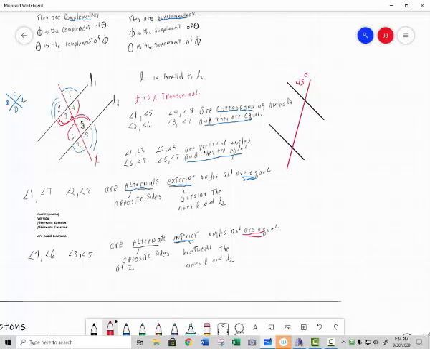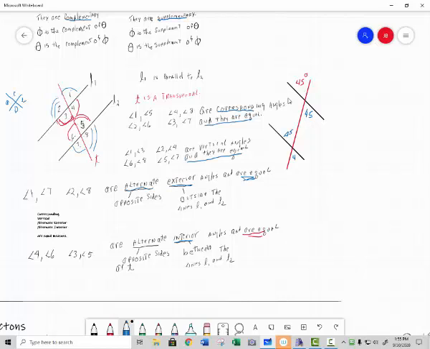Well, I know that the vertical angle, and I'll do that in blue, I know that this vertical angle is 45. I know that alternate interior angles are 45. I know that this vertical angle is 45.